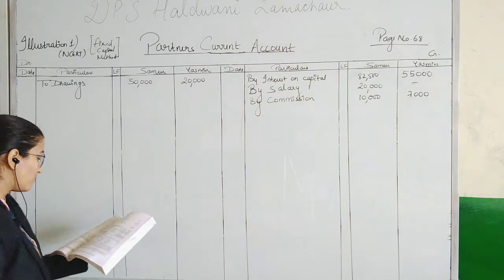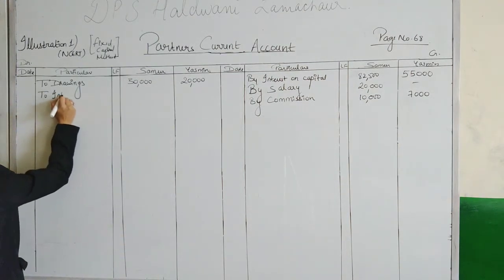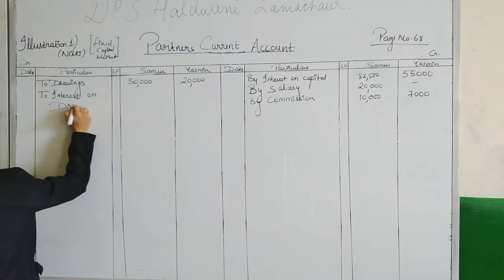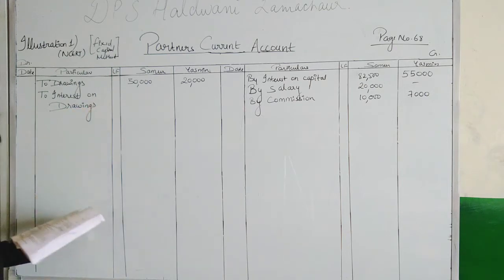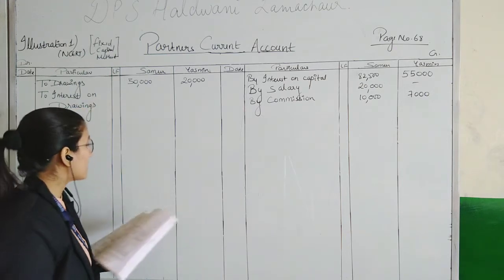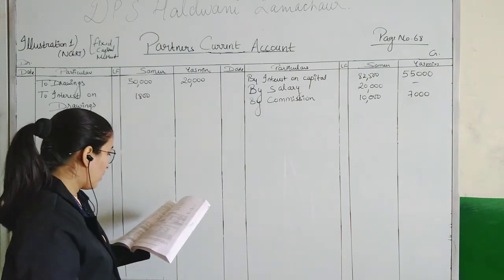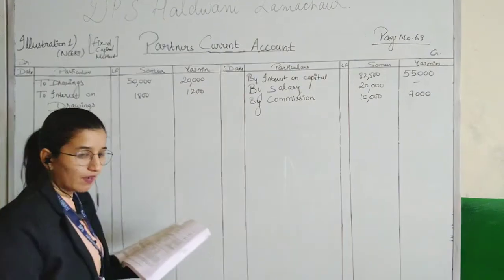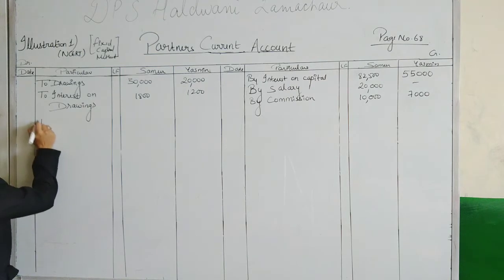Next is interest on drawings. Interest on drawings will be recorded on debit side, to interest on drawings. So interest on drawings charged on Sameer is 1,800 and on Yasmin is 1,200.